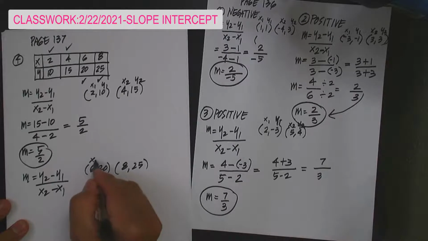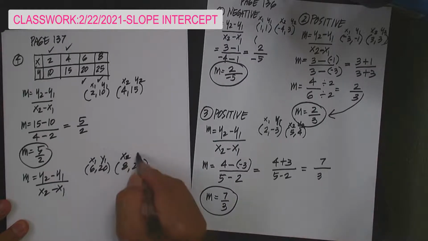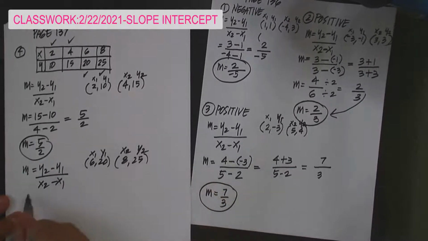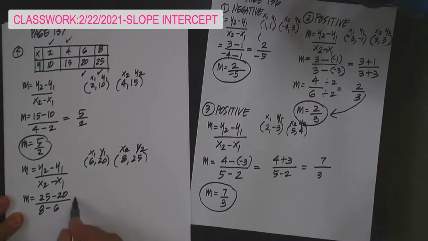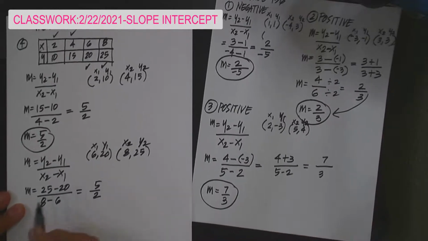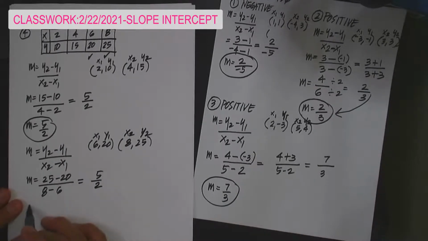This is my x1, my y1, my x2, my y2. You understand that part? Now let's substitute. m equals 25 minus 20 over 8 minus 6. So you have here 5 over 2. So m equals 5 over 2.